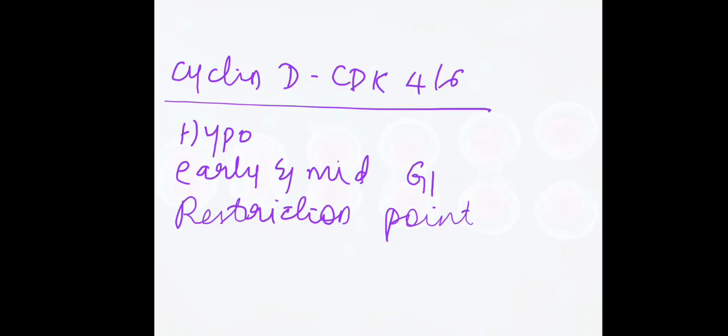So there is a significance of this restriction point. It is also known as R point. This ensures that this transition is responsive to extracellular signal. So it is a transition.